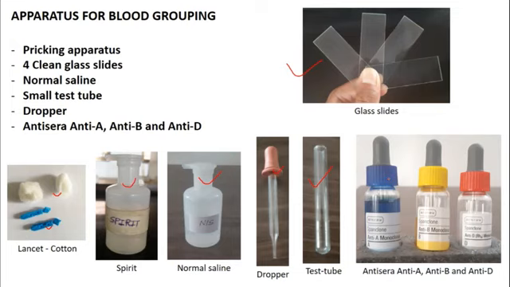These are the artificially available anti-sera preparations. This anti-A solution contains agglutinin against agglutinogen A. This anti-B solution contains agglutinin against agglutinogen B, and anti-D solution contains agglutinins against agglutinogen D, meaning Rh antigen.